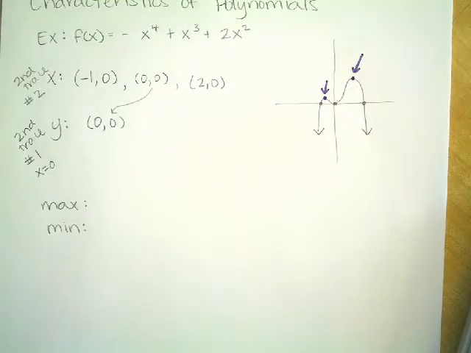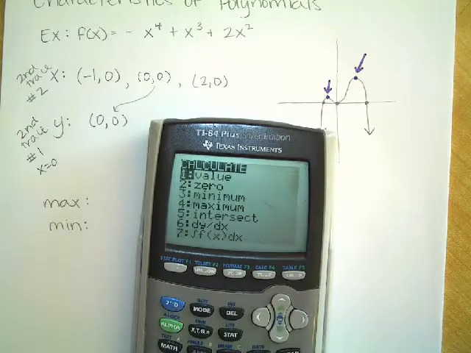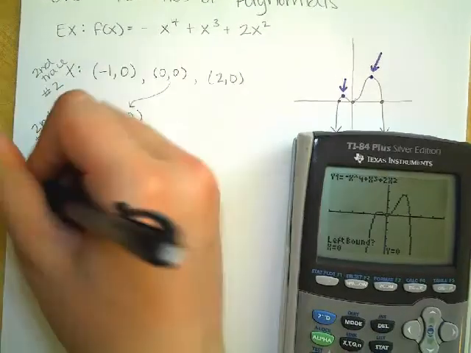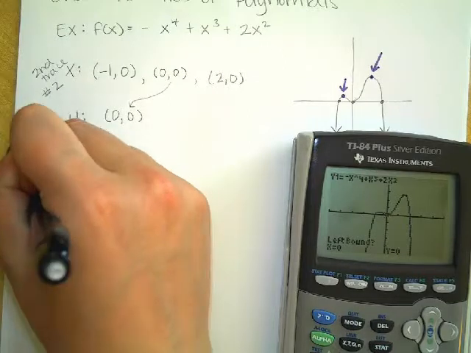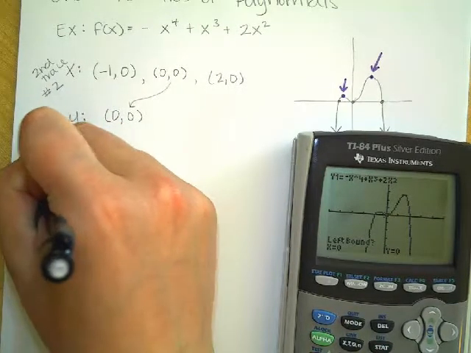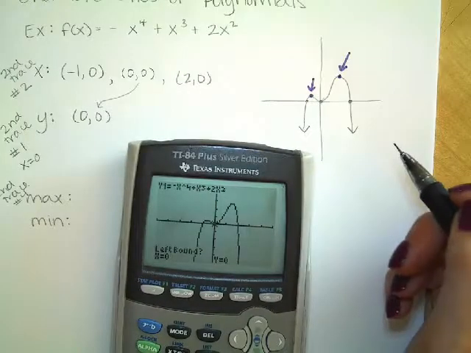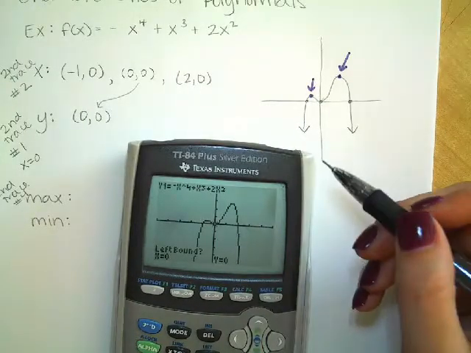So if you look at your calculator, we're going to do second trace, and then which one do you think we're going to go for if we want to find the max? Number 4. Okay, so I'm going to write that on my notes. Second trace, number 4. We're doing number 4 for the maximum. It does left bound and right bound.